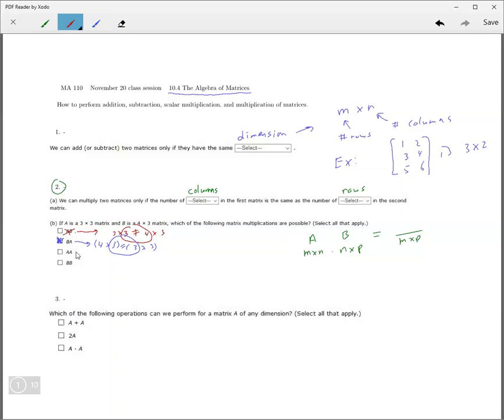Now AA, that's a 3 by 3 matrix with a 3 by 3 matrix, and these are equal, so that will work. Okay, B times B, that's a 4 by 3 matrix with a 4 by 3 matrix. These are not equal. 3 is not equal to 4, so that would not work. Okay, so those two middle answers actually work, and the other ones don't.